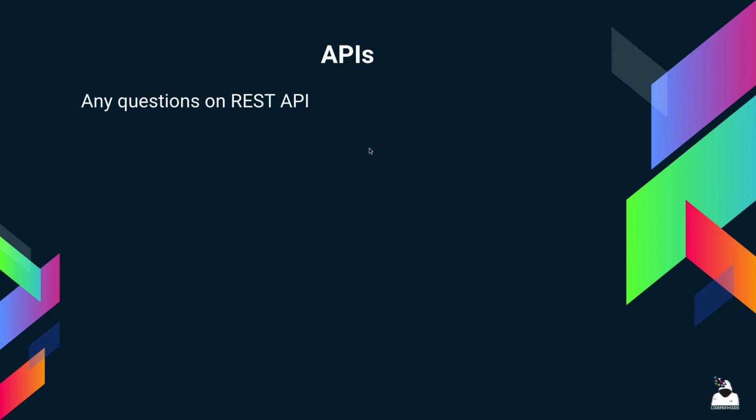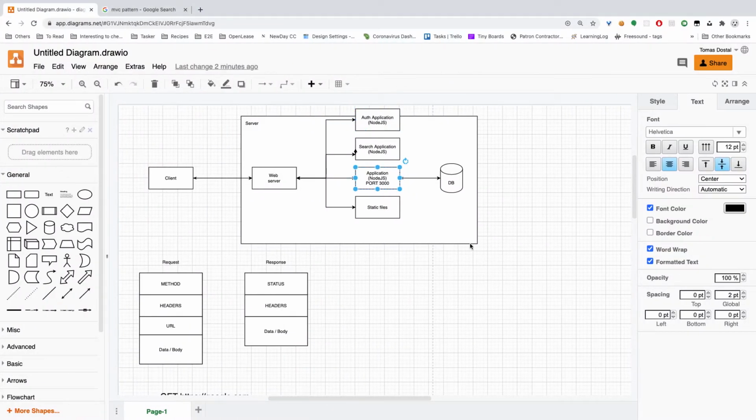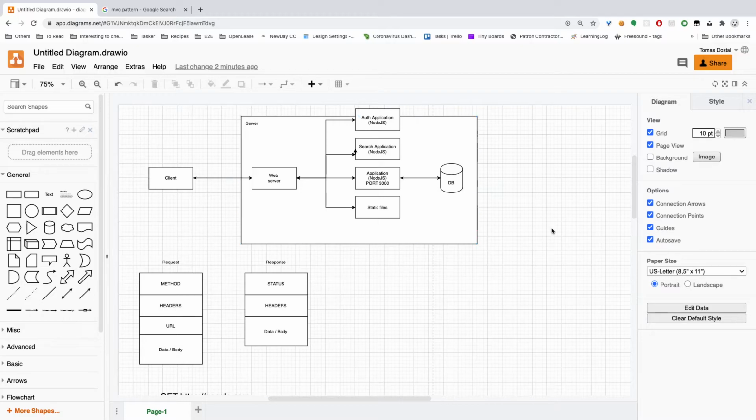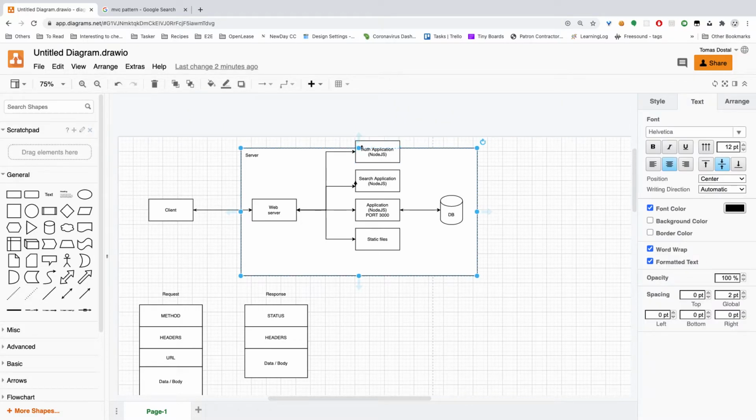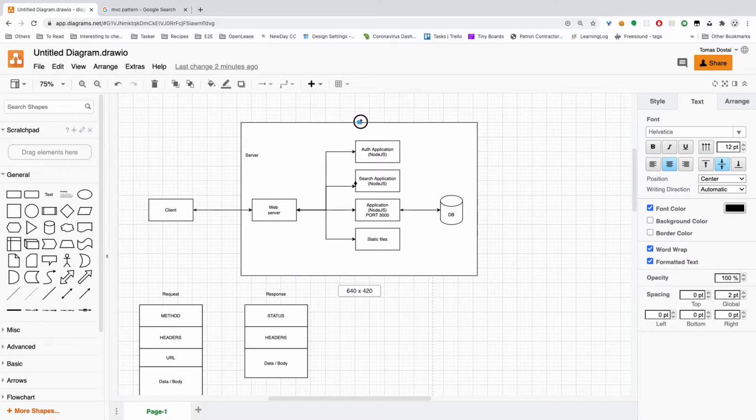So yeah, why am I asking is because what I just talked about, if you are a web developer, you should know how these things work, right? You will definitely be asked.